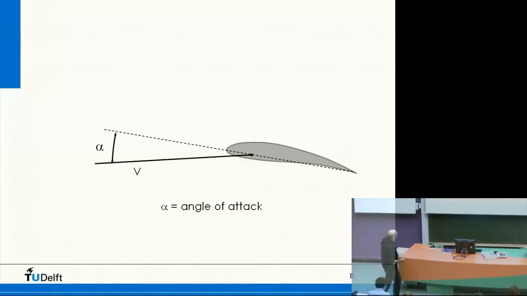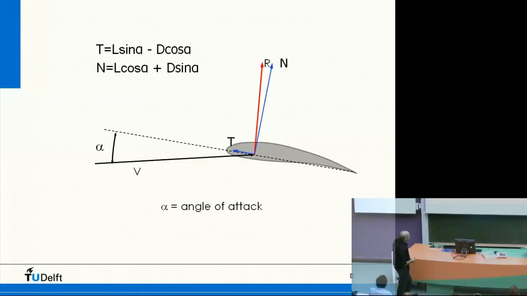Now here you see we have an airfoil. This is the chord line. This is the velocity, so per definition this is the angle of attack. We have a lift and a drag force. Together they form a resultant force, here it is. This resultant force can also be made of a normal force perpendicular to the chord line and a tangential force.